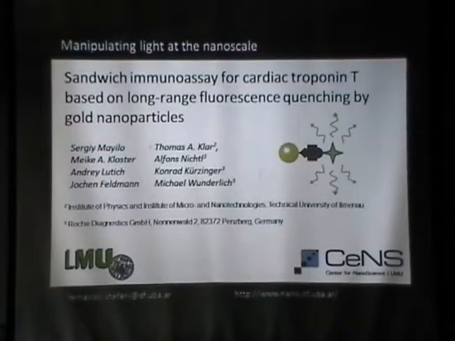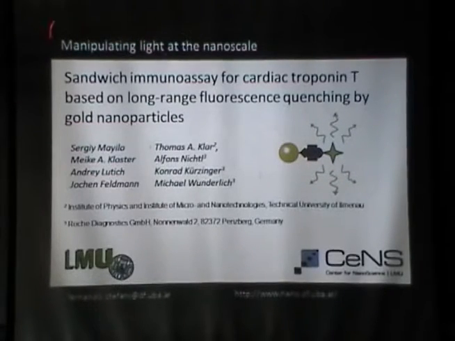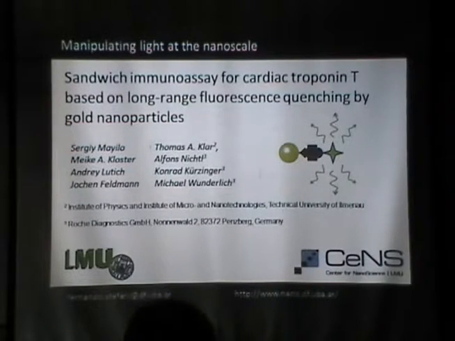So now I will tell you about using localized surface plasmon resonances to detect biomolecular interactions. This is about an emission assay for cardiac troponin T. This is a protein that is quite important in diagnosis because it's a signature of damage in the heart muscles.